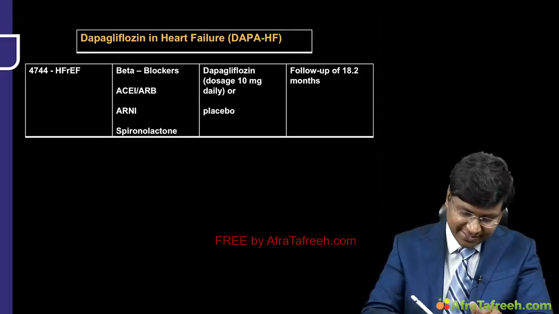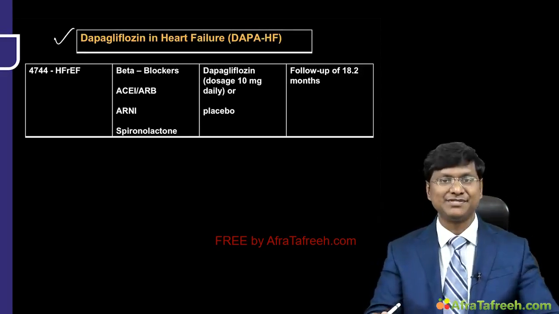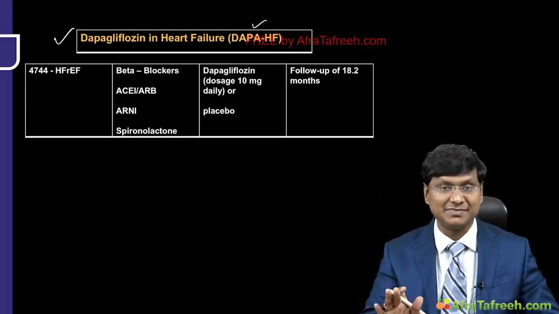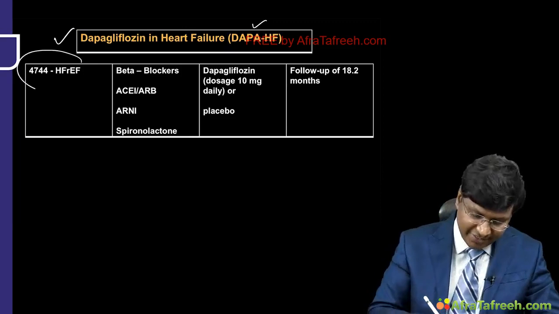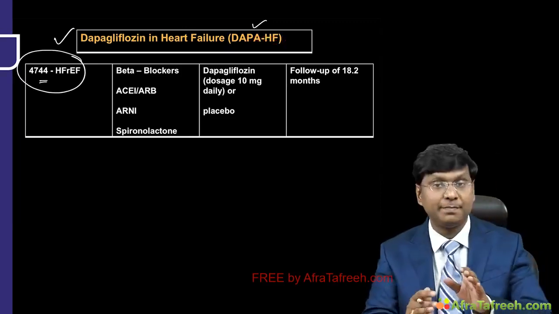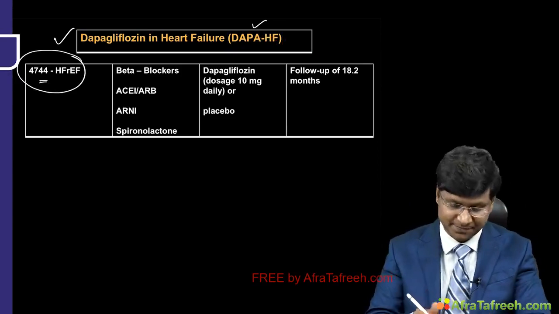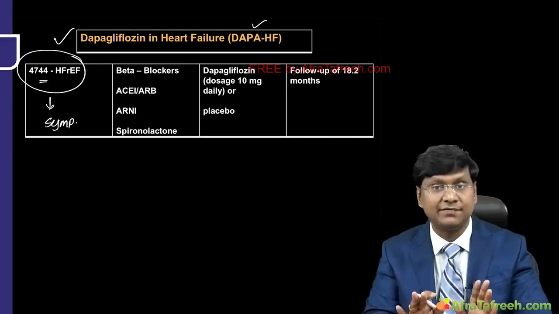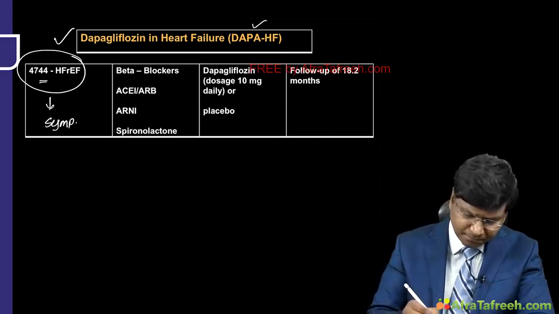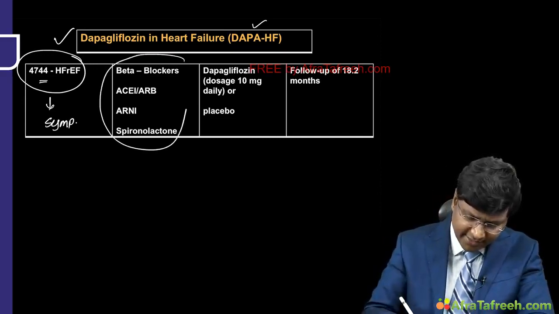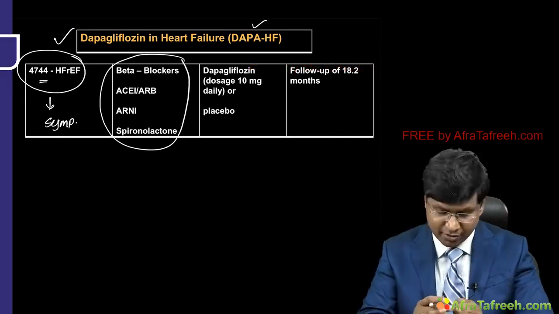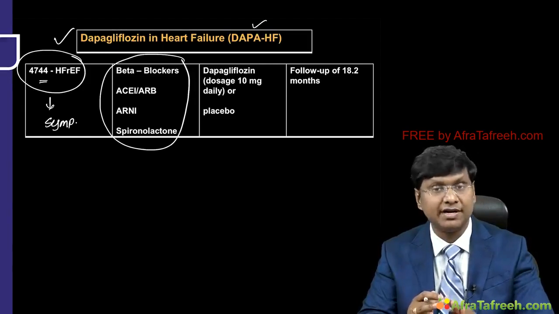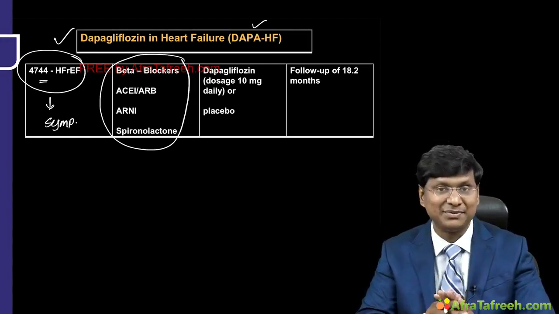And we have another SGLT2 inhibitor, that is dapagliflozin. The name of the trial is the DAPA-HF trial. Let me discuss how the trial was done. They took almost 4,744 symptomatic patients of heart failure with reduced ejection fraction. These patients were already taking guideline directed medical therapy, that is beta blockers, ACE inhibitors or ARBs, or angiotensin receptor blocker neprilysin inhibitor, as well as spironolactone.